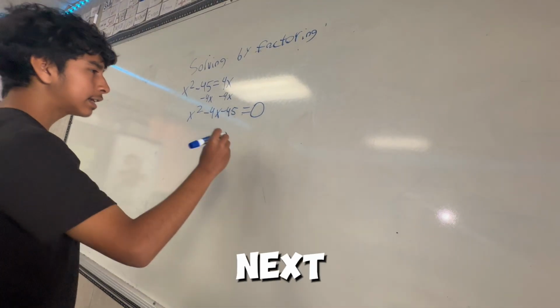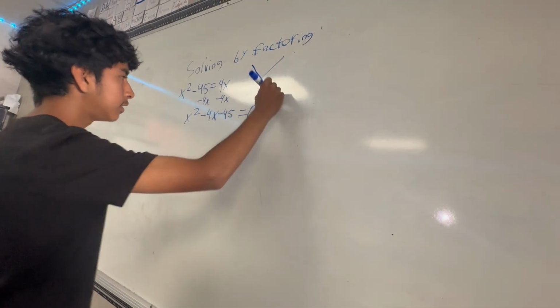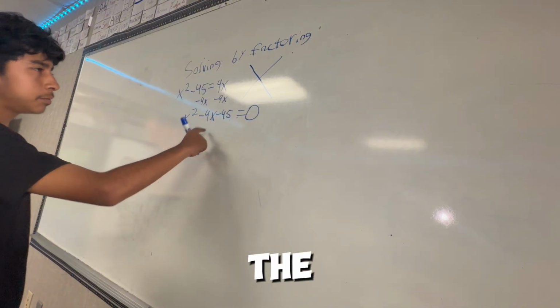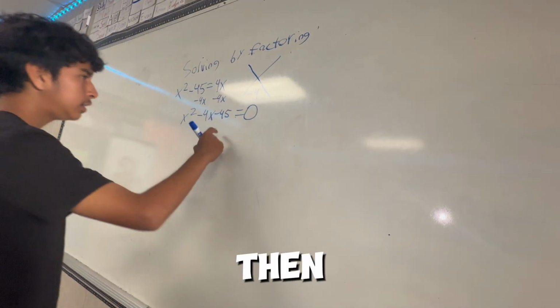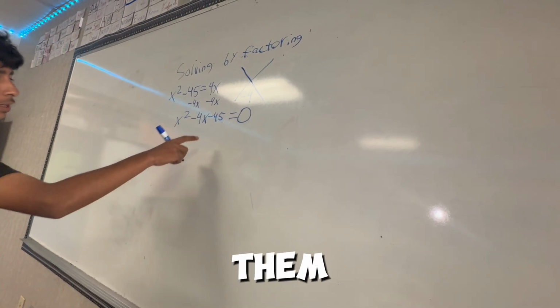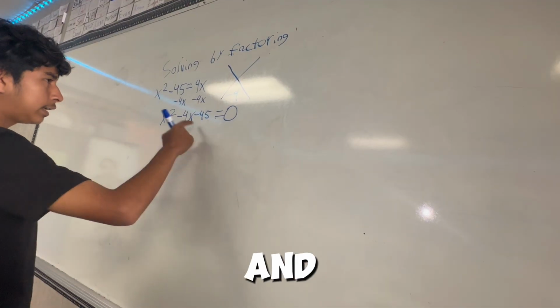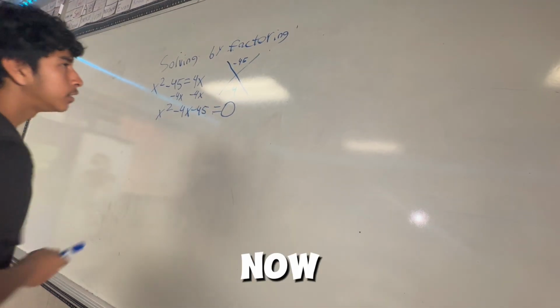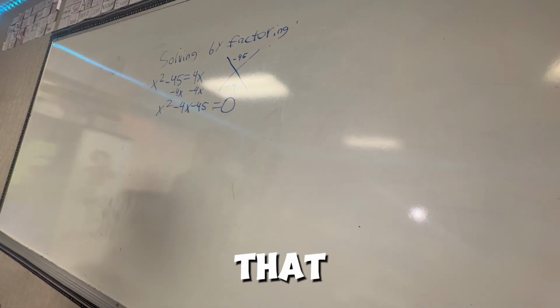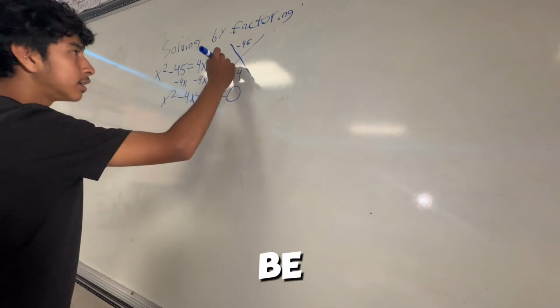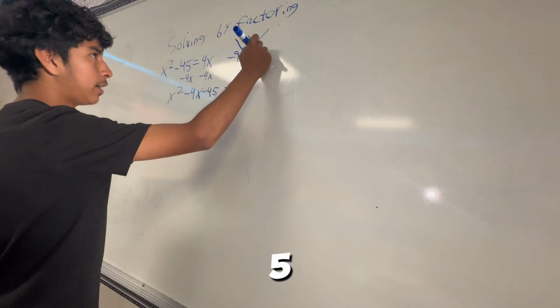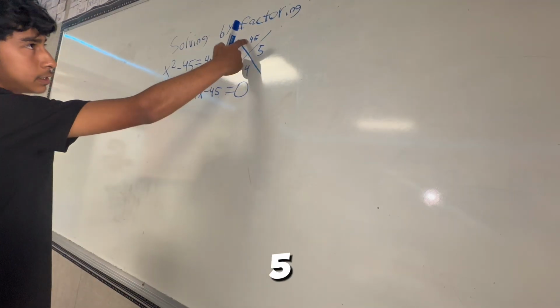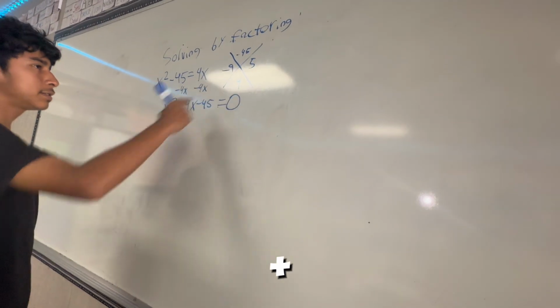So then move on to the next step, the x method. So remember, the b term is right here in the middle, put that in the bottom, and then the c and the a, multiply them. So 1 and -45, it's just -45. Now what two numbers multiply to get that, right? That would be -9 and 5, because -9 times 5 is -45, and -9 plus 5 is -4.